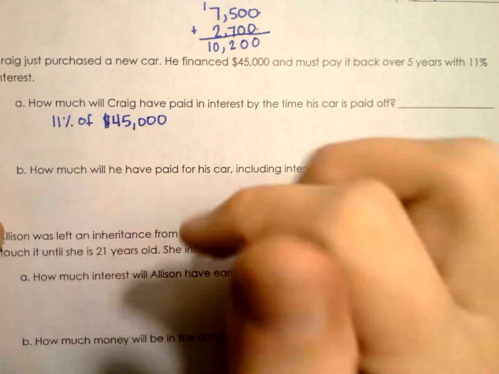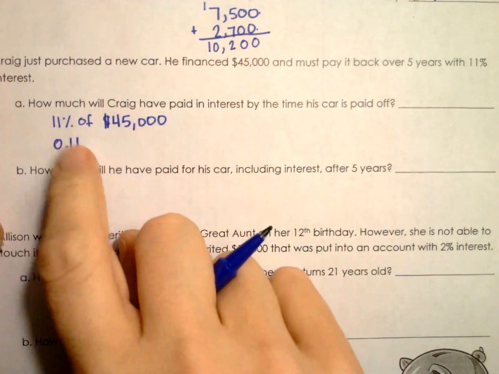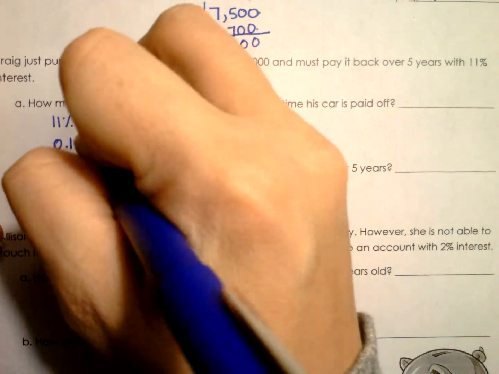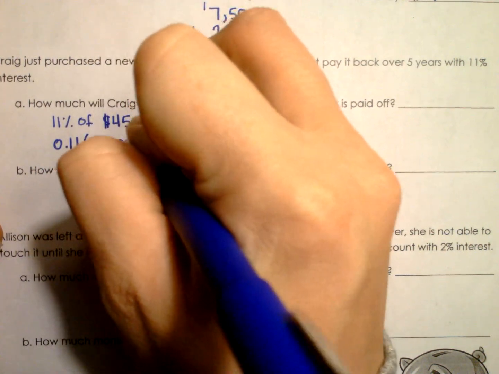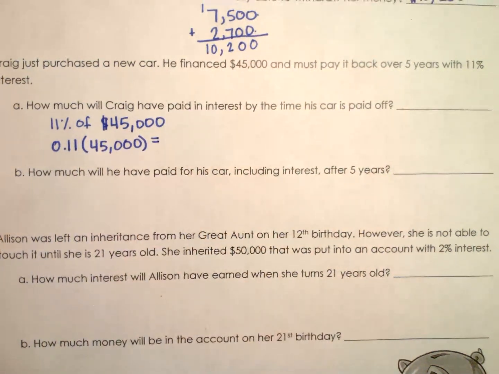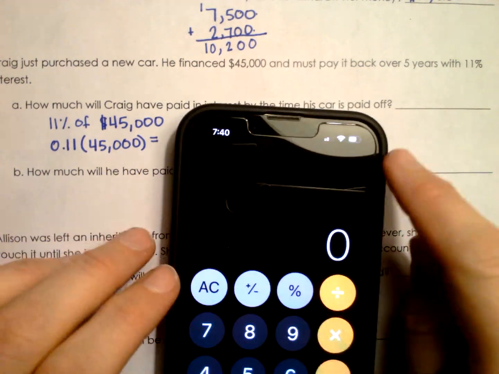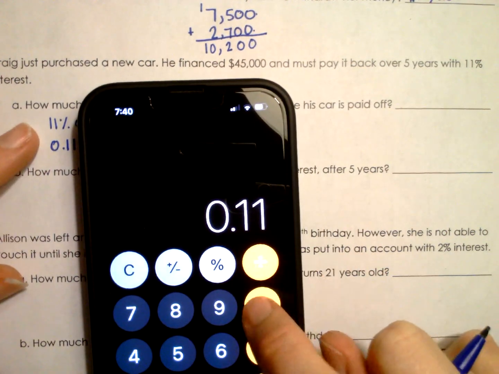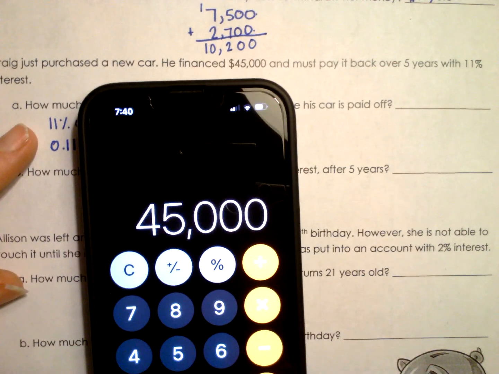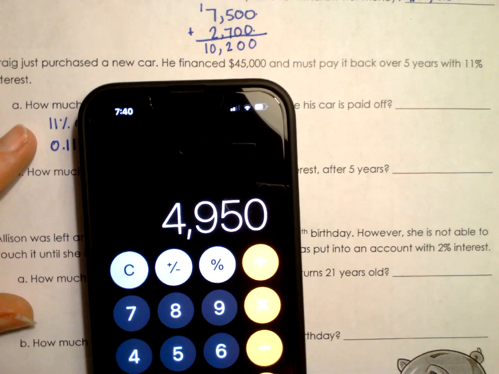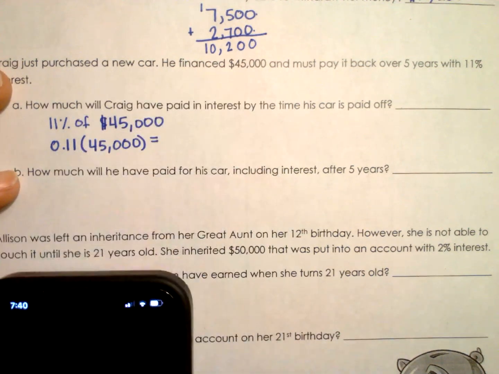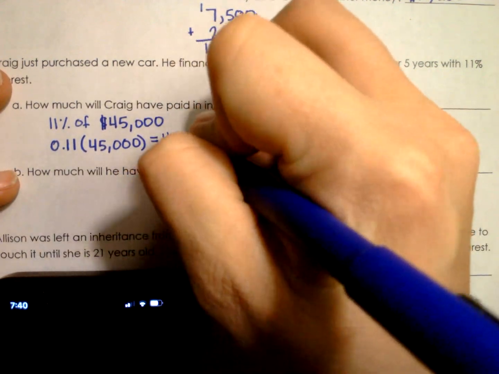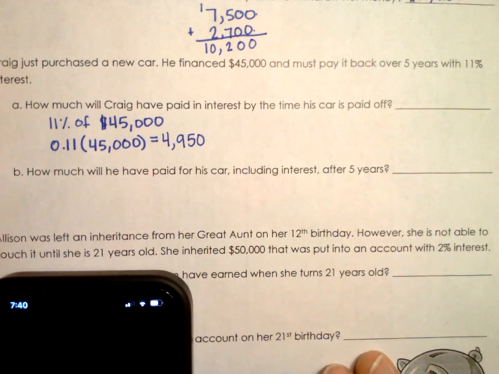So I have to rewrite that using a decimal, and I'm going to use multiplication. Now keep in mind this 11% is for 1 year. So when I put this in my calculator, I should get 11% of $45,000 is $4,950. It's a lot of interest per year.